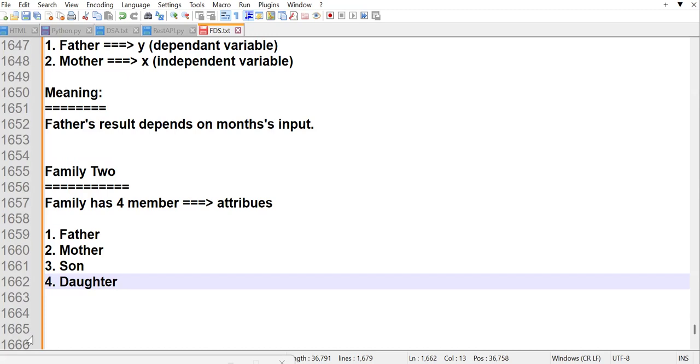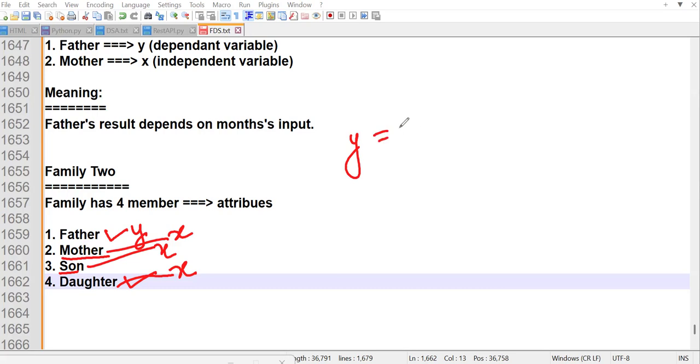So see here, father is the only dependent variable. Father is Y. Mother is independent variable, and son is independent variable, and daughter is independent variable. So mother is X, son is X, and daughter is X, and father is Y. So what is the formula of linear regression?